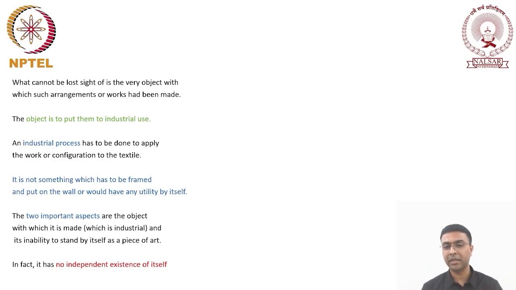It is not something which has to be framed and put on the wall or would have any utility by itself. The two important aspects are the object with which it is made, which is industrial, and its inability to stand by itself as a piece of art. In fact, it has no independent existence of itself.